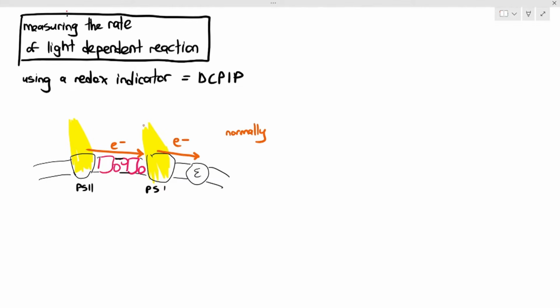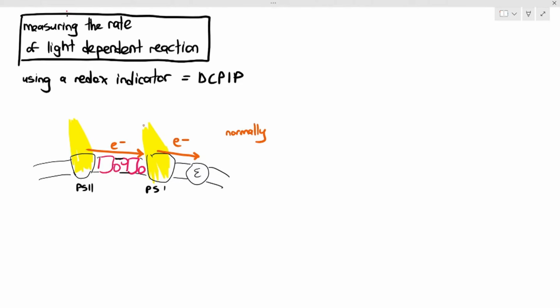And the electron will eventually reach the enzyme, where this will help to produce reduced NADP and also ATP. But can we see this process happening inside the test tube? We can't. Well, you can actually, because you can see the amount of oxygen being produced during light-dependent reaction.